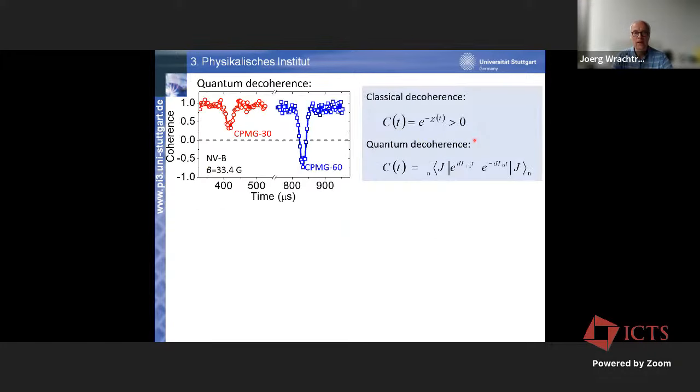All right. Now, once in a while, you see the following thing. What I'm plotting here now is coherence of the electron spin, where I say maximally coherent is 1, whereas entirely incoherent is 0. And once in a while, you see nuclear spin signals where the coherence in this plot is getting negative.